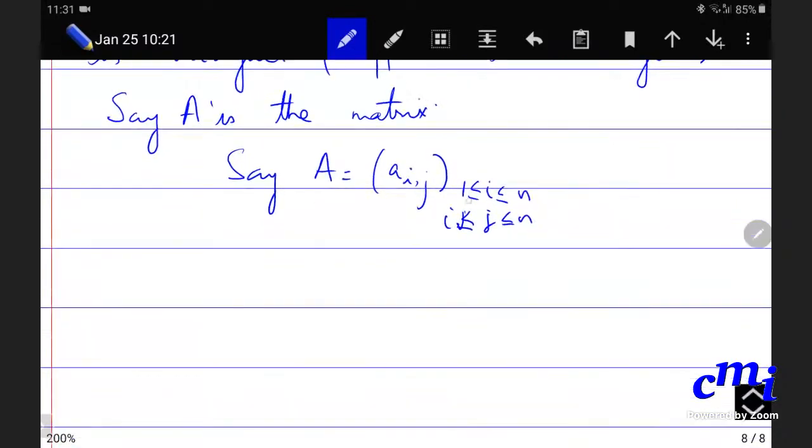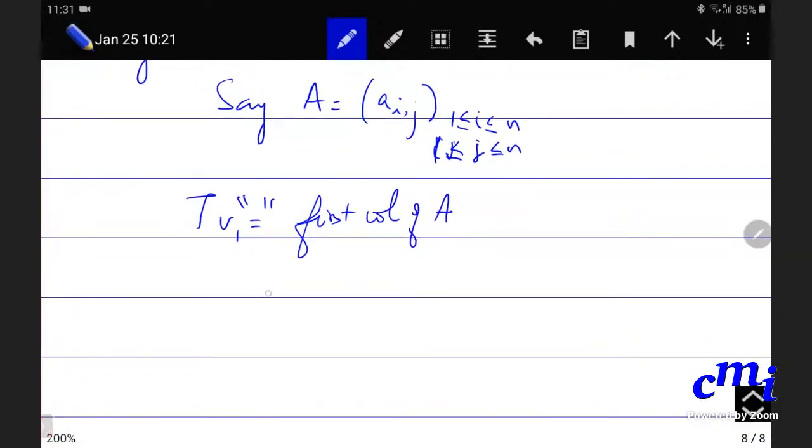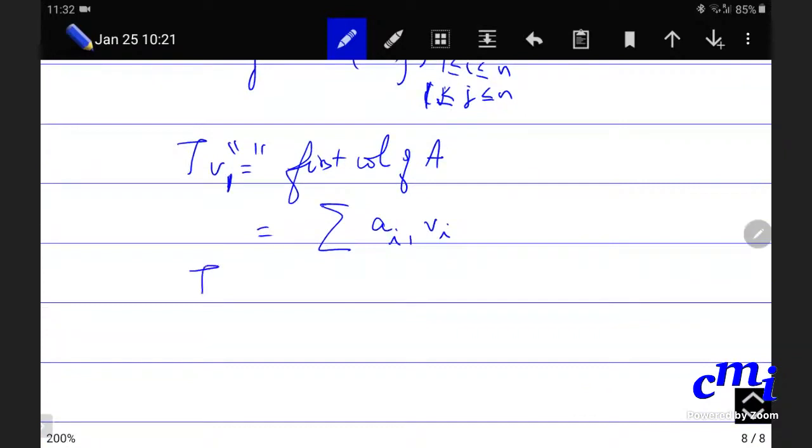This means that T of V1 is the first column of A, which is the sum of Ai1 Vi. T of V2 is the sum of Ai2 Vi.